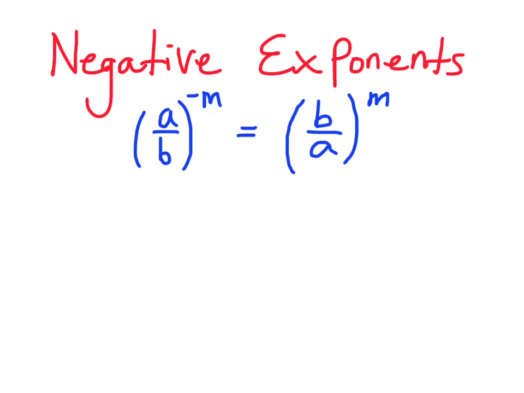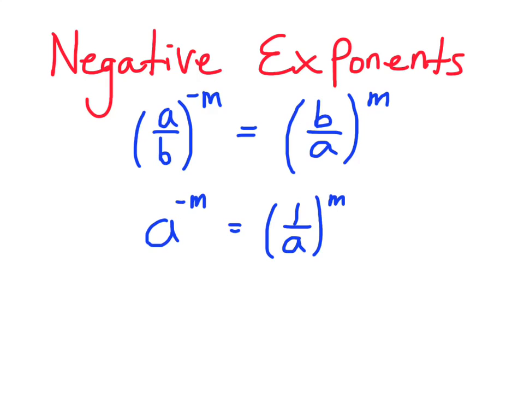Now the second version of this law is when you don't have a fractional base. So let's say I just have a, and let's say, again, I have negative m. We still follow the same logic. We flip the base, so a gets flipped over, it becomes 1 over a. The reciprocal of a is 1 over a. So it becomes 1 over a to the m.